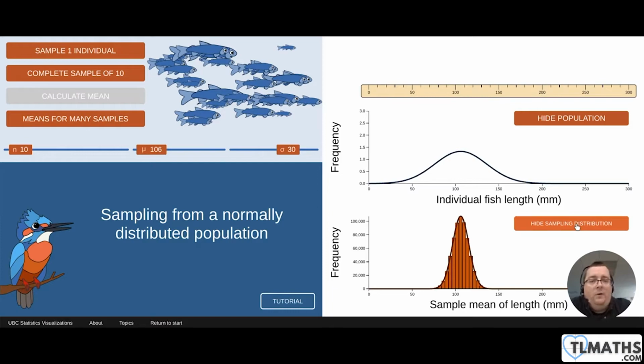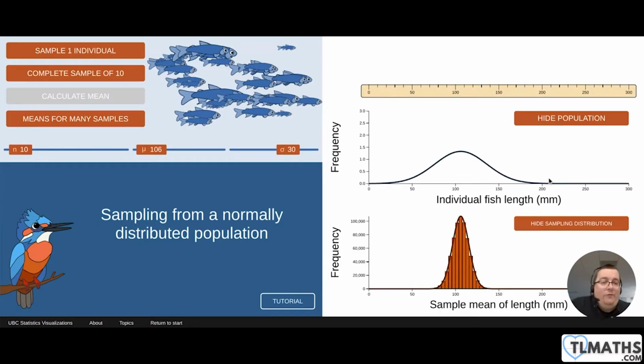Okay, now notice how both of these distributions have the same mean. They are centered both around 106. Okay, so the mean of the sample means is 106, as you would probably expect.